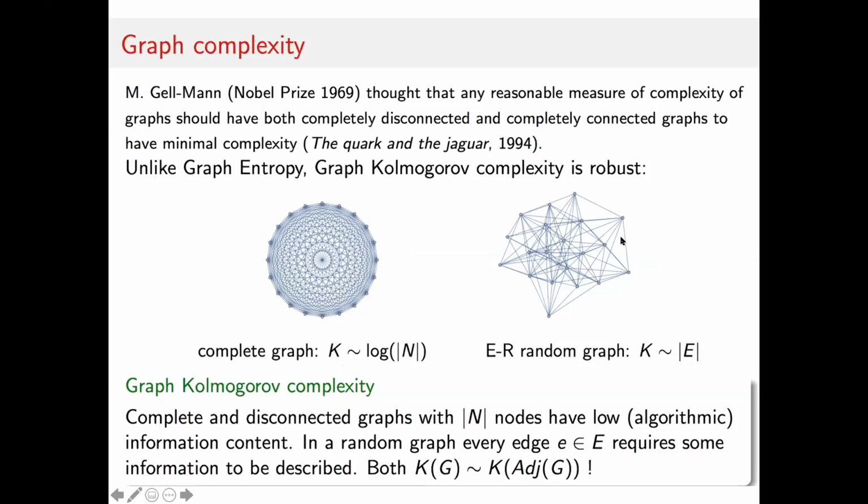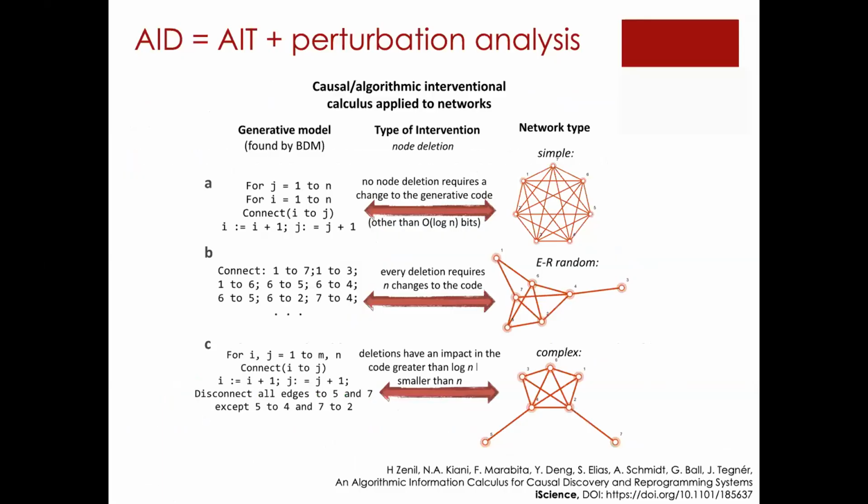But if it is a random graph, then because you have to account and give the precise location or connection of each link, then we know that the algorithmic complexity grows by the number of edges, perhaps divided by 2, because the location of one may give you some indication of the next one. But now if you make perturbations, then you can also see how it works for graphs.